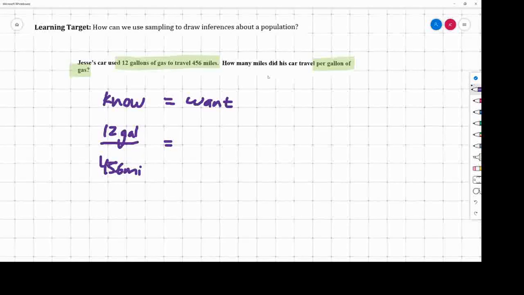We want to know how many miles he would travel on 1 gallon of gas. Per usually means one. So I'm going to put 1 gallon of gas, making sure I keep my units aligned: gallons over miles equals 1 gallon over X miles.